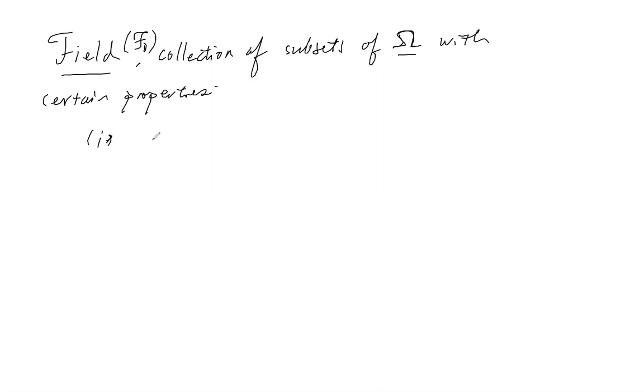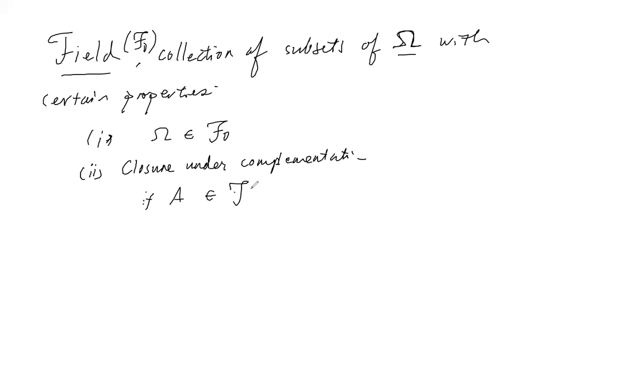Of course your omega has to be inside it. Then you have closure under complementation, which means if A is inside this collection, then its complement is also inside it. This implies that the empty set is inside, since omega is inside, so its complement, the empty set, is also inside.